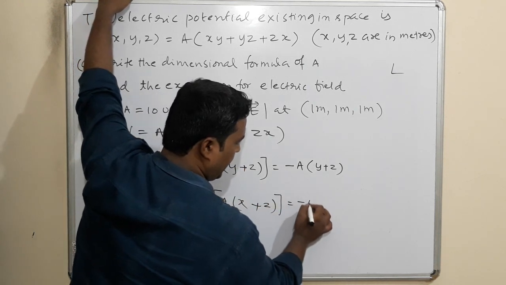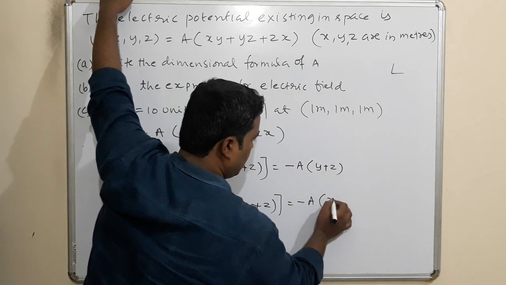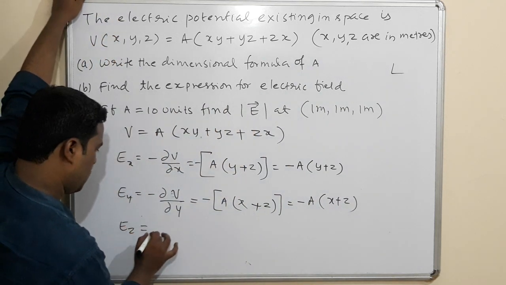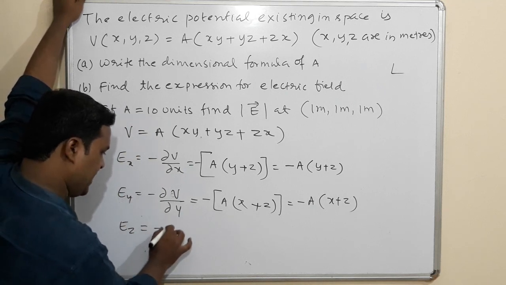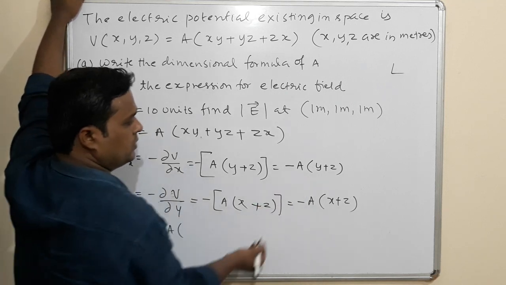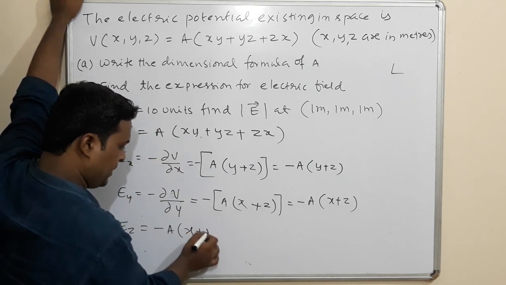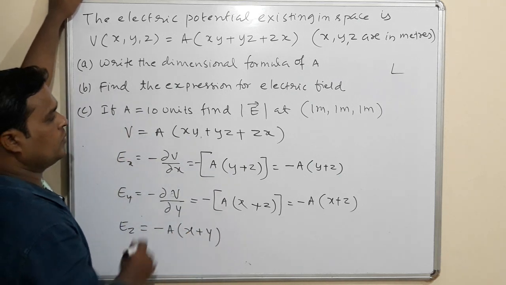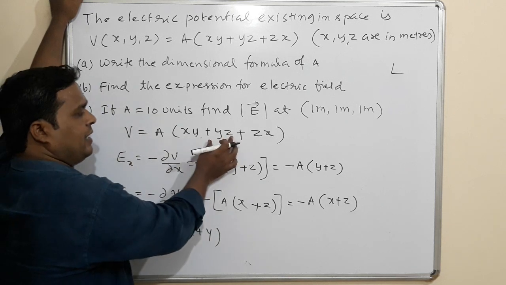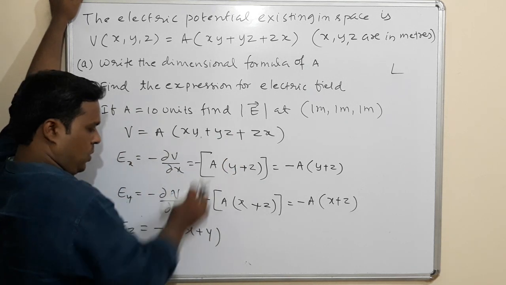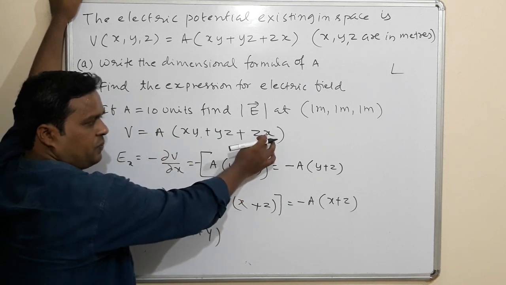Then this will be minus of A into x plus z. Now you might have understood how to take the z component. It is very easy. This must be x plus y, because differentiating with respect to z, y constant, differentiation of z gives x; x constant, gives y.